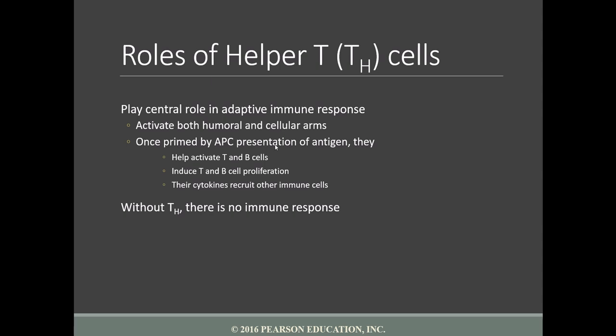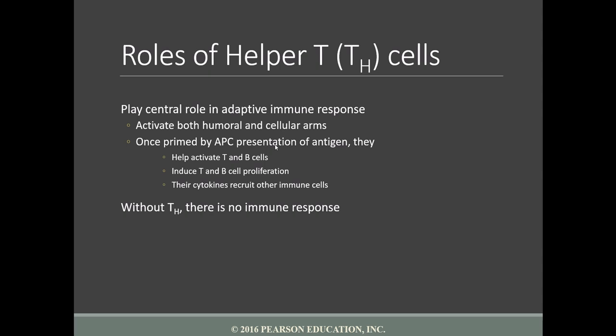They can turn on the proliferation of both T cells and B cells, and these helper T cells secrete a whole host of cytokines that recruit other immune cells like macrophages and dendritic cells into the immune response to amp it up.